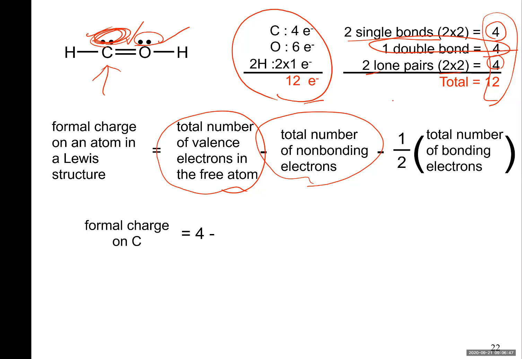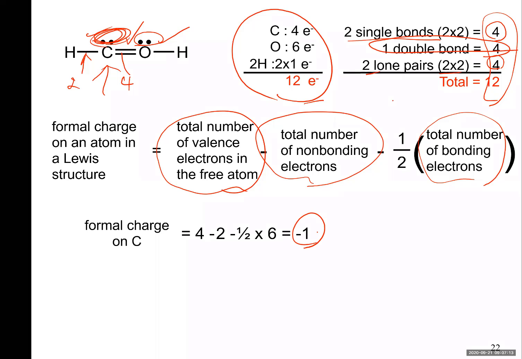Do you see 2? Minus half of the total number of bonding electrons. On carbon, look at the bonding electrons. Can I say 2 electrons in this bond and 4 electrons in this bond, because there are double bonds? So should I write half of 6? 3 bonds make 6 electrons. If I calculate, I get -1.